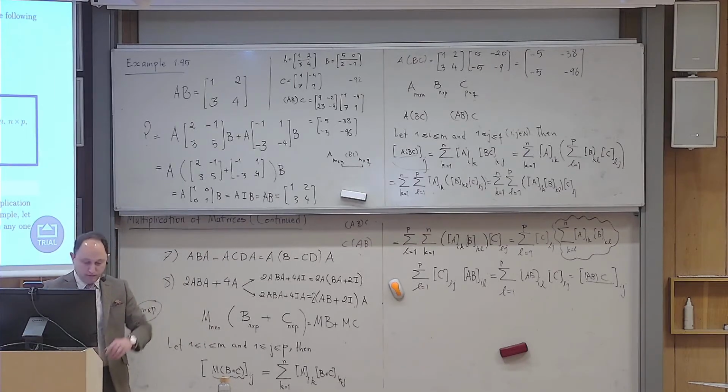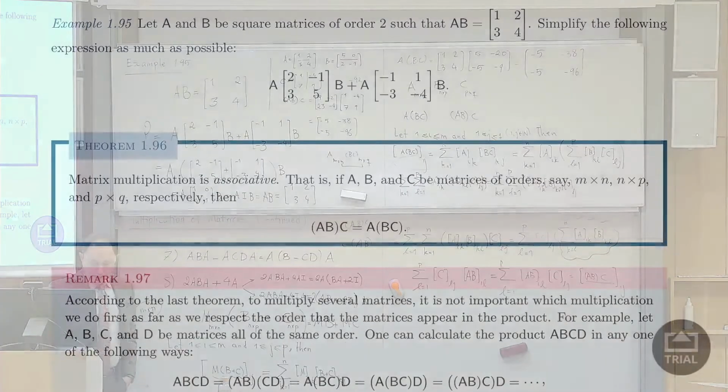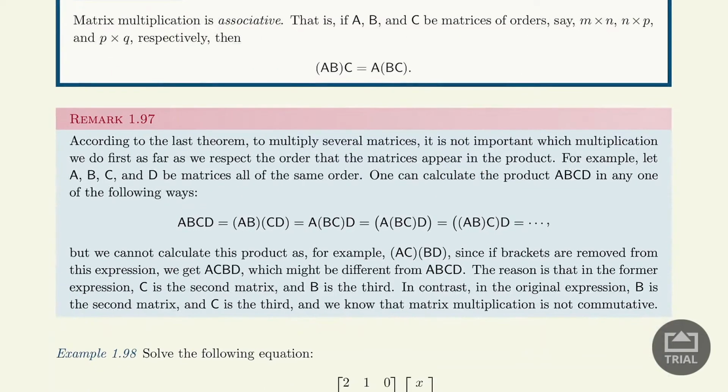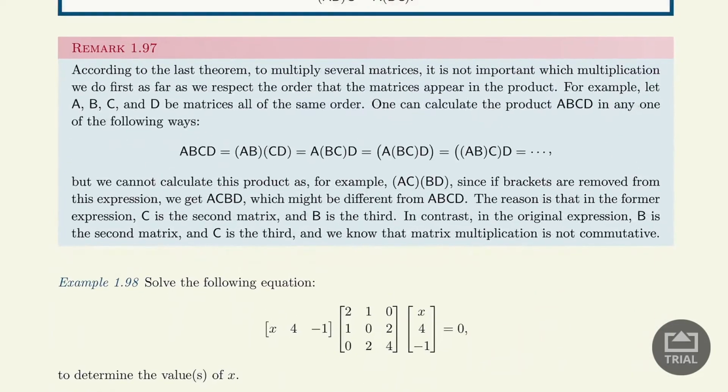We have a little bit of time, so let me finalize this part, going back to notes. Let me read this remark for you. According to the last theorem, to multiply several matrices, it is not important which multiplication we do first, as far as we respect the order that matrices appear in the product.